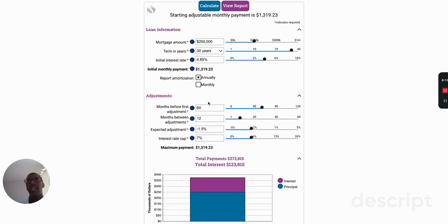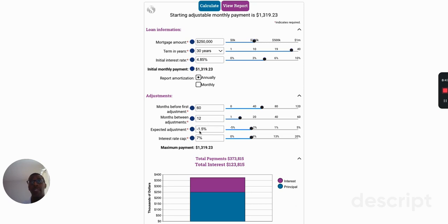All right. Now in this example, we're going to say the months before it adjusts is 5 years. We have a 1-year adjustment, so every 1 year it adjusts, and instead of the one we originally had, we're going to say it adjusts minus 1.5%. So with a minus 1.5%, what are your payments going to look like? It's going to be an adjustment of 1.5% from your initial 4.85%.